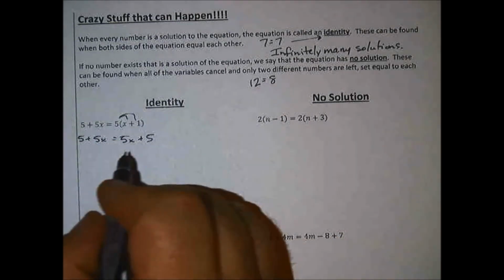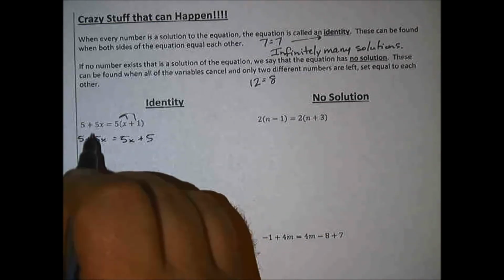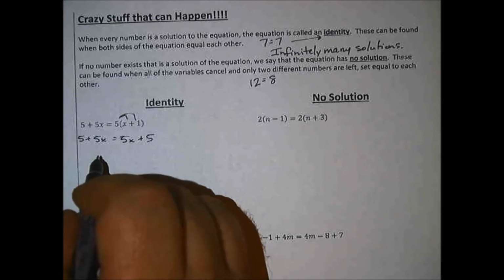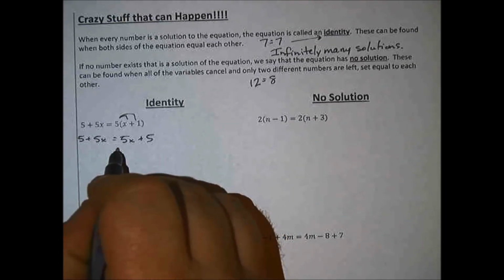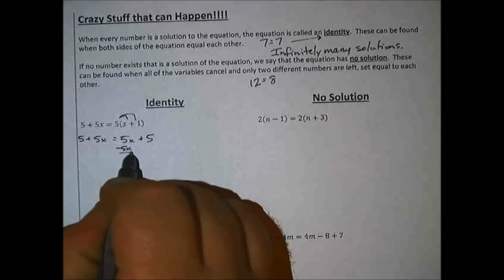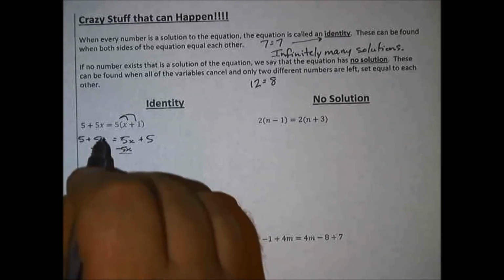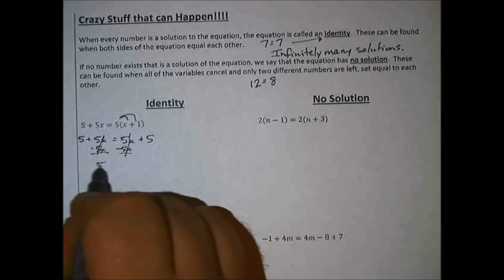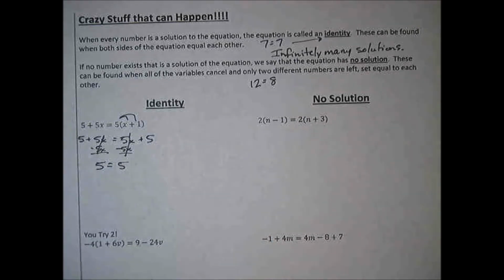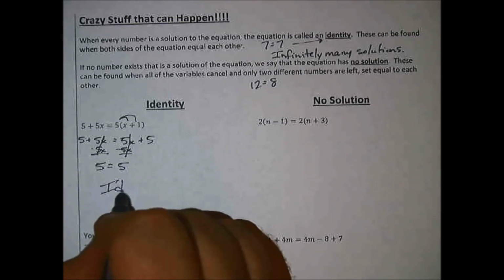Now my next step has always been to move the smaller x term over, but it doesn't really matter. I have 2 of them, right? They're the same thing. I can go ahead and subtract 5x minus 5x, and here we go. Those cancel. My variables are gone, and 5 equals 5. Well, yeah, 5 equals 5. Of course it does. We call that the identity.